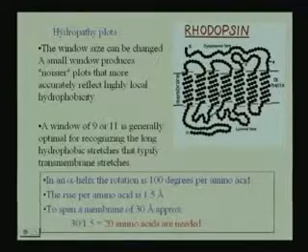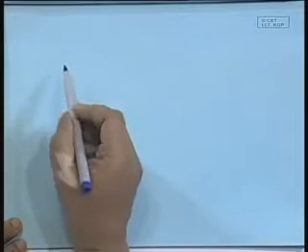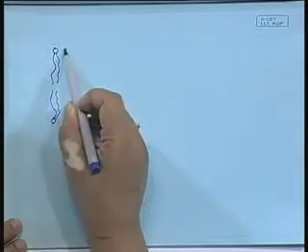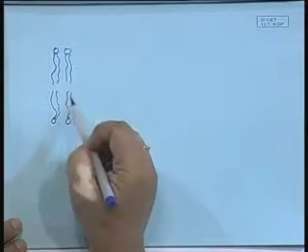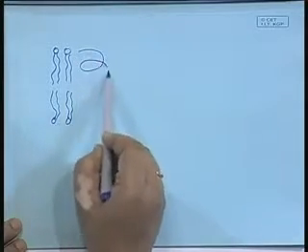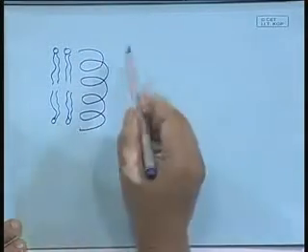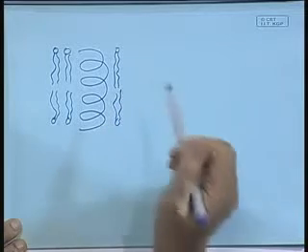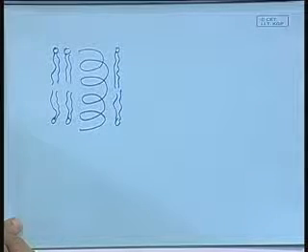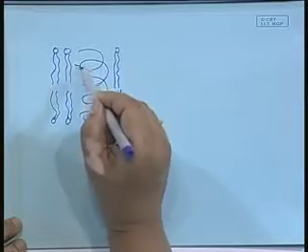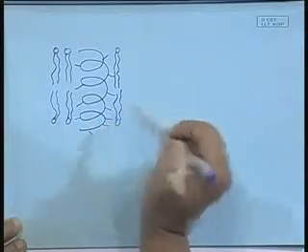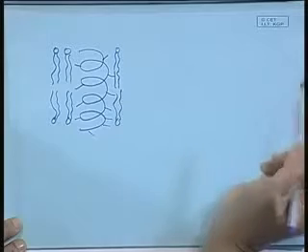So, when I am spanning the membrane with a helix, what is the nature of the residues in this helix? They are hydrophobic in nature, right? All the side chains that are sticking out here are going to be hydrophobic in nature.